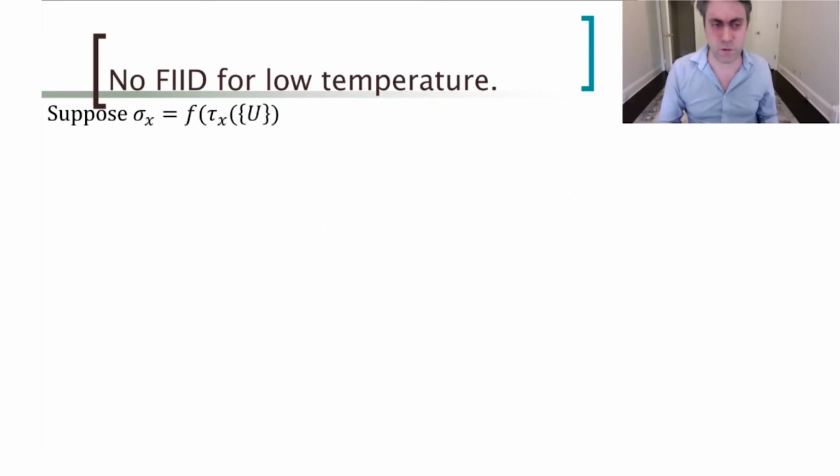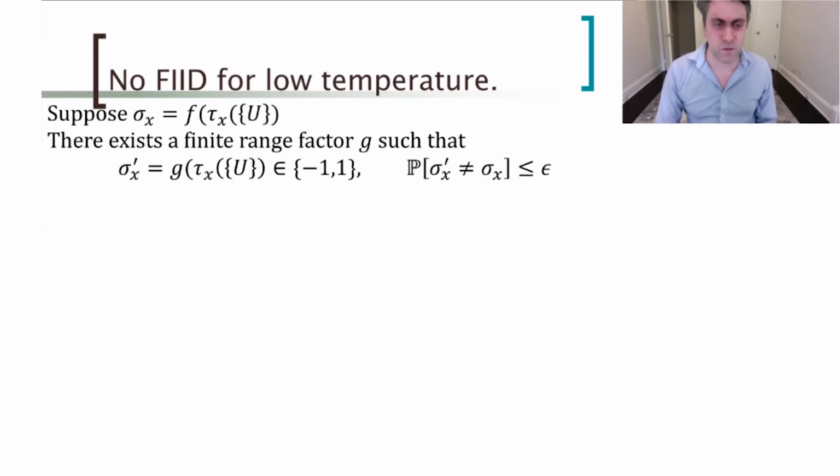So you say, okay, well, suppose there is some measurable function f that realizes the low temperature Ising model as a factor of IID. Well, then we could find some other function g that also spits out a -1 or 1 that just looks at the spins in a finite range, but is very close to f.